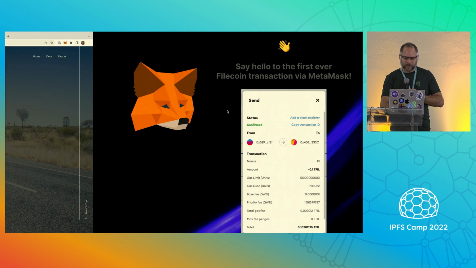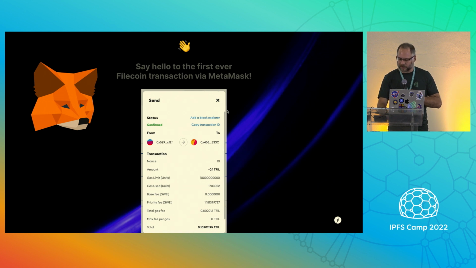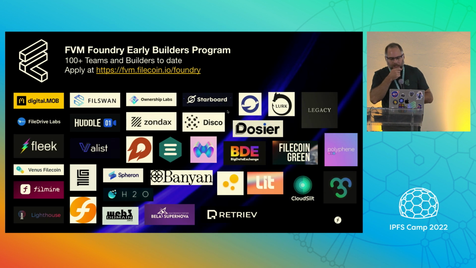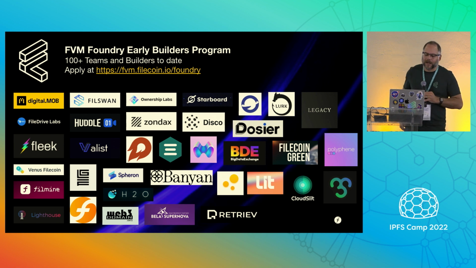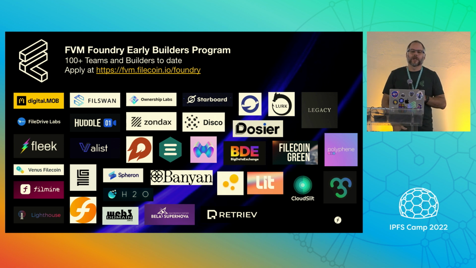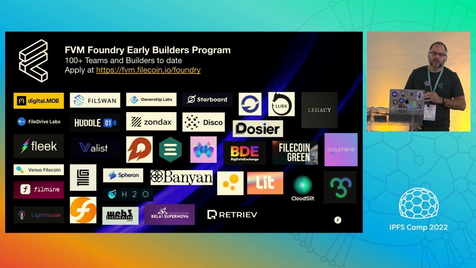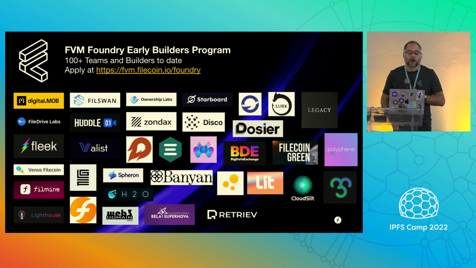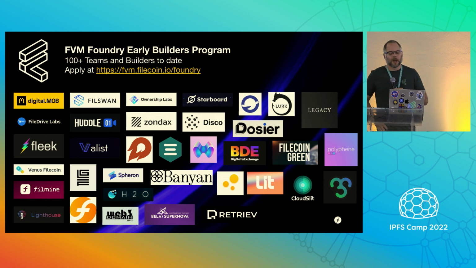Whilst that's going on, I will flick back to my slides here. If you're interested in what's going on while that's executing, I'll tell you about the FVM Foundry Early Builders Program. This is a program we've got, and there's currently over 100 teams and builders building on the Filecoin network. If anybody was here at the Retrieval Summit a few days ago, there's some companies there.